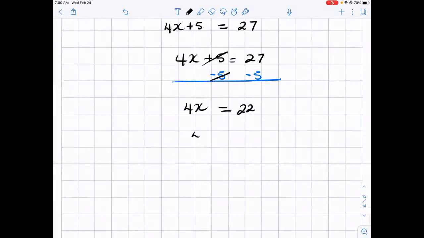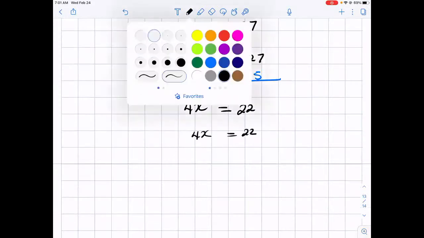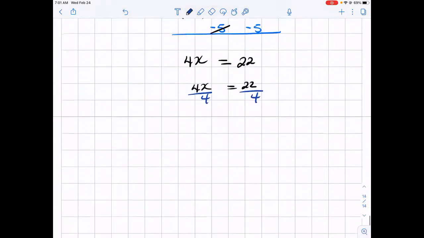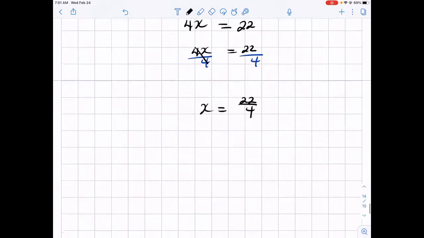And to get x by itself, we will divide both sides by 4. When we do this, 4 divided by 4 is 1x. So x is equal to 22 over 4. And here, this can be simplified. So x is equal to 11 over 2.